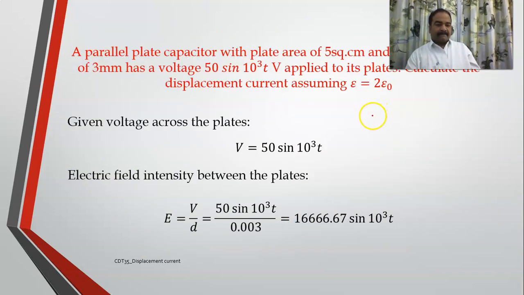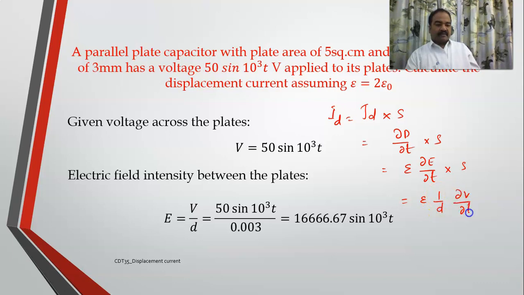If you carefully see, ID is equal to JD into S. JD is dou D by dou t, so ID equals epsilon naught times 1 by d times dou V by dou t times S. Epsilon naught is given, 1 by d is 1 over 3 times 10 to the power of minus 3.